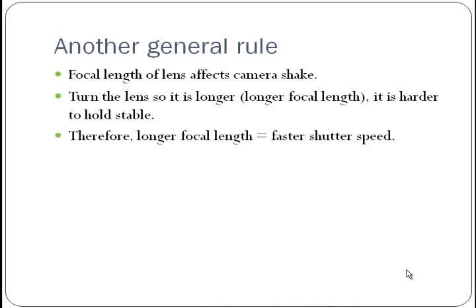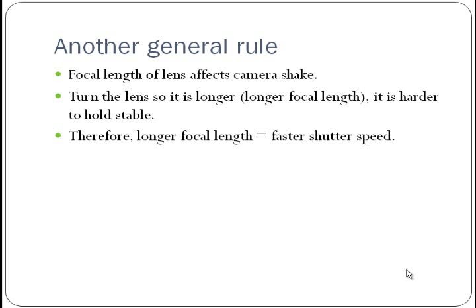Therefore, the longer the focal length, the faster shutter speed you need. So if you zoom that out and your camera lens is really heavy now, and it's unstable because it's spread out, it's kind of like, you're trying to hold a small stick out straight and keep it balanced.